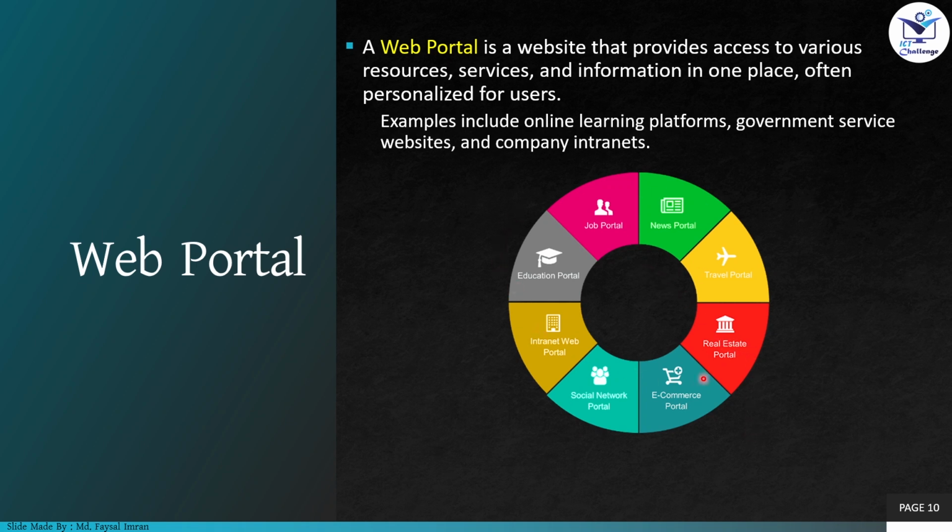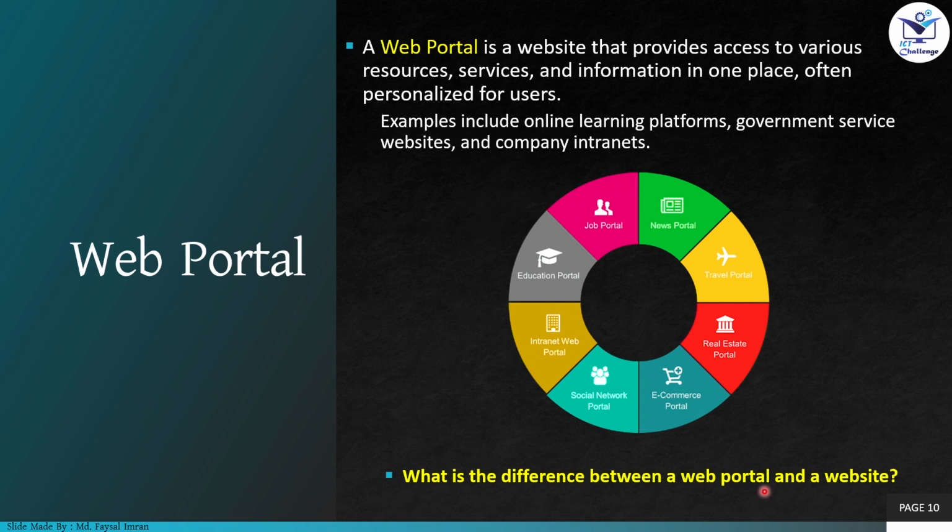So a web portal is a collection of web pages, you can say, and the information is provided in one place by this web portal. Okay, so the question is, what is the difference between a web portal and a website?